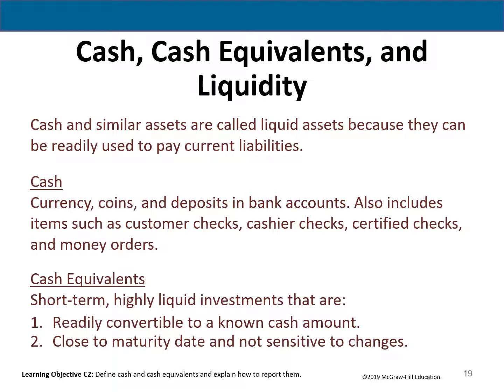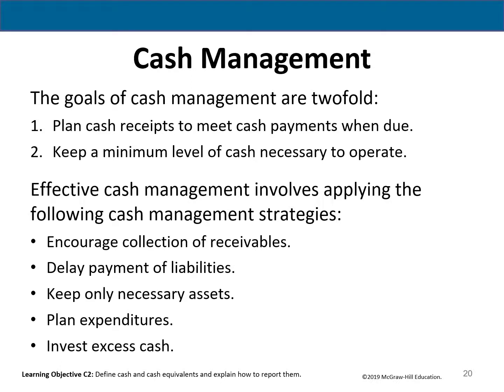So they're readily convertible to a known cash amount, so you can go cash them in very quickly, and their maturity date is very soon, three months tops. So that's cash equivalents. So on a balance sheet, normally you'll see people write in their balance sheet cash and cash equivalents.